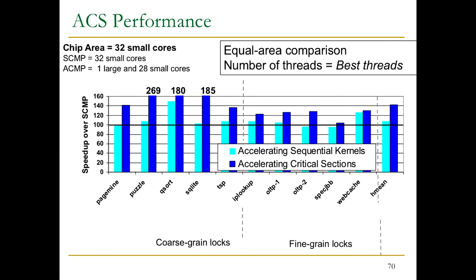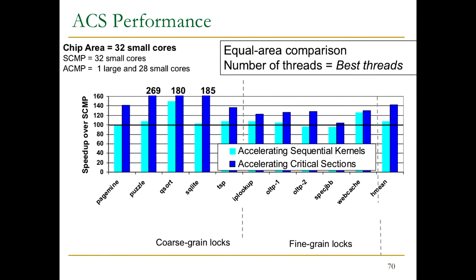So even the serial part is significant in some of these workloads. As you can see, this workload, quicksort, parallelized in some manner, gets 40% or so performance, almost 50%, if you dedicate the execution of the sequential part on the large core.